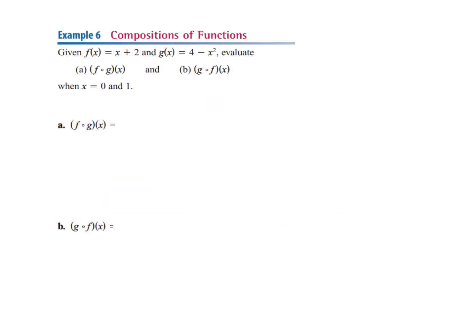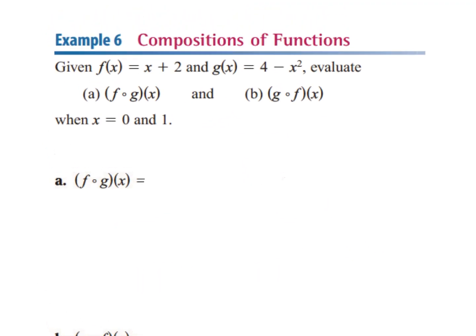Okay, so let's try the same thing with this one, example 6. So f of g of x, again, this is just another way to say f with g of x on the inside. G of x in this case is this function 4 minus x squared. So where is this going to go?